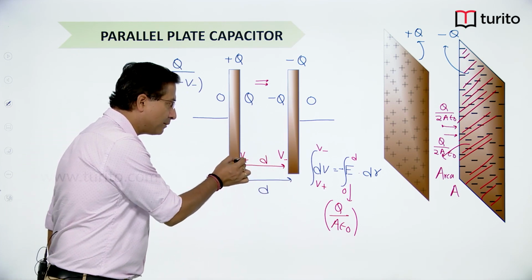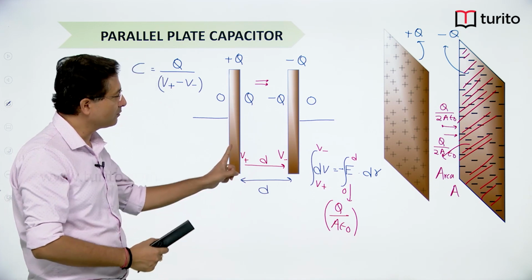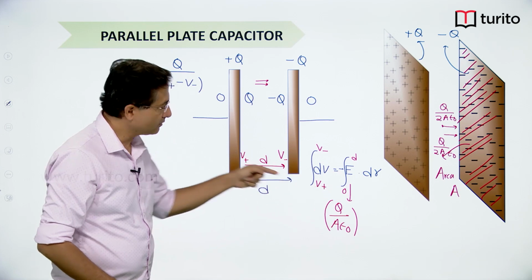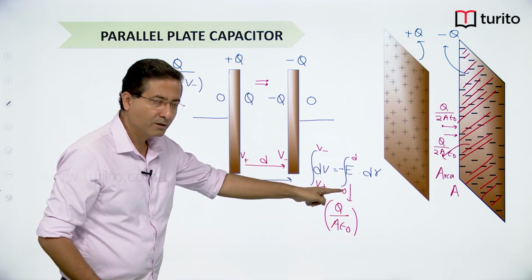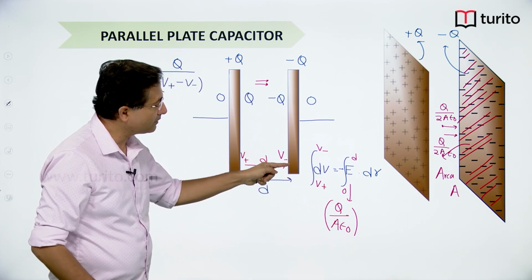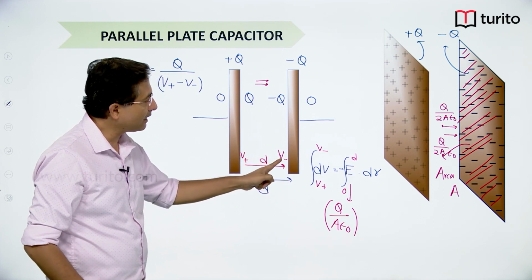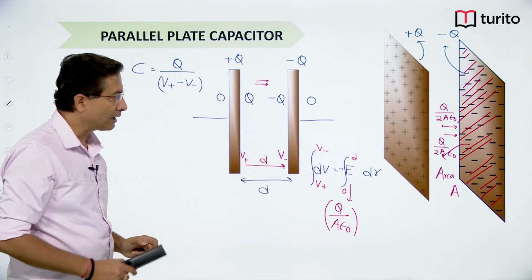When I am at the positive plate, this r is 0. When I reach the negative plate, the potential becomes V minus, and this gap becomes d, so r becomes d.